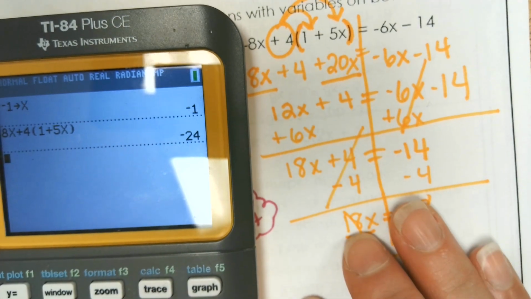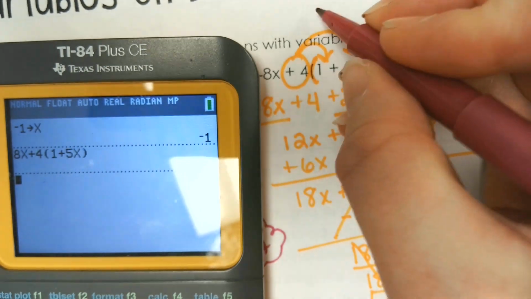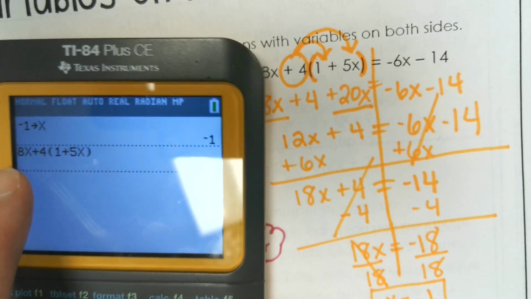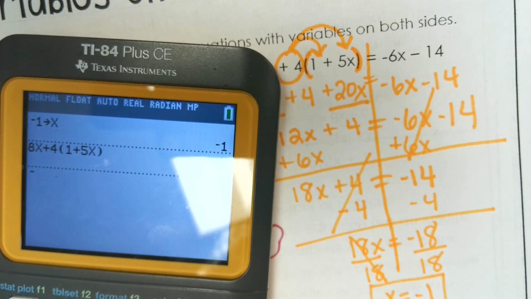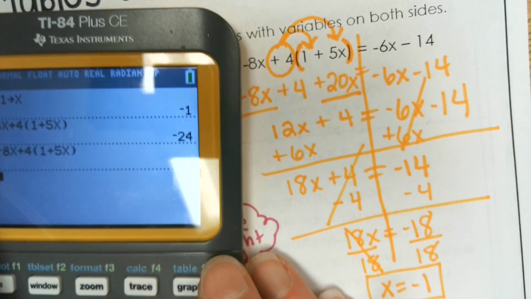That's a -24, but is the right side -24? Did I even put that in right? What did I do wrong? Oh, look, I put 8x instead of -8x. There we go. Let's try that again.